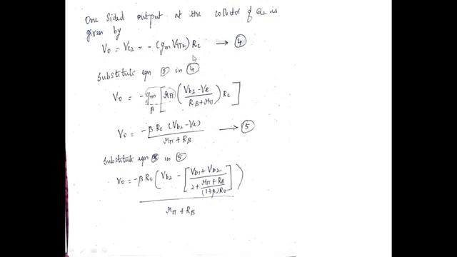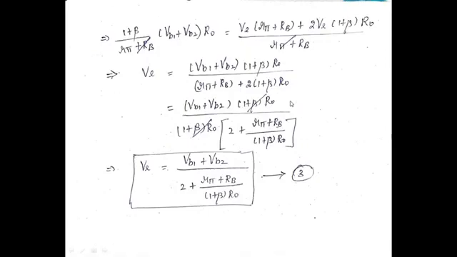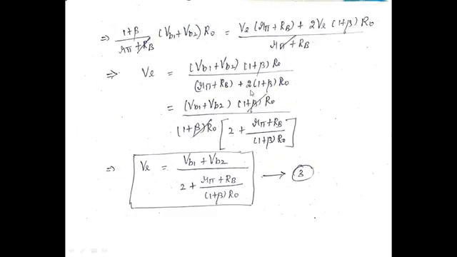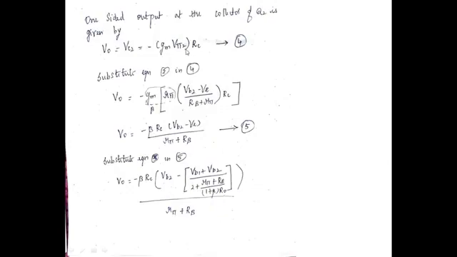Now I'm going to substitute equation 2 in 4. That is, in the place of V pi 2, I'm going to substitute equation 2. What is equation number 2? Equation number 2 is given by this equation. I'm going to substitute V pi 2 equal to R pi into this expression.